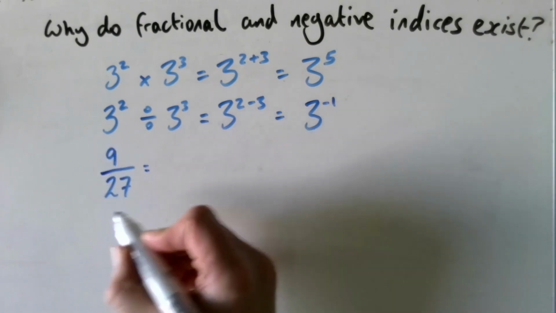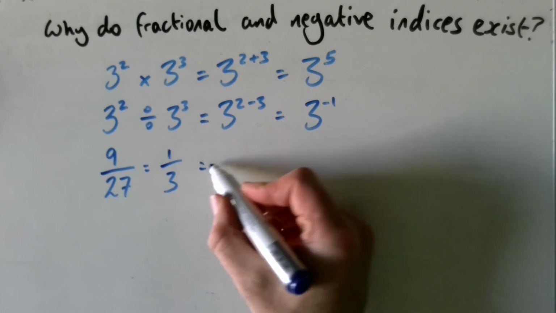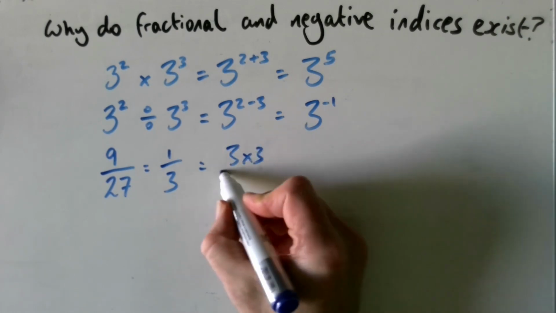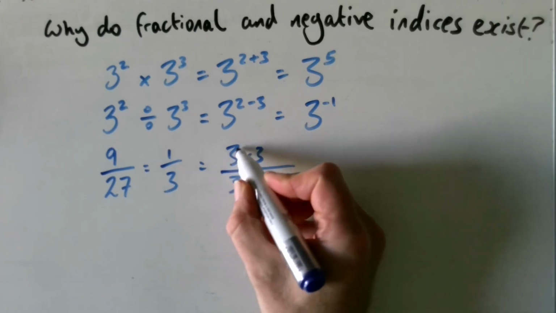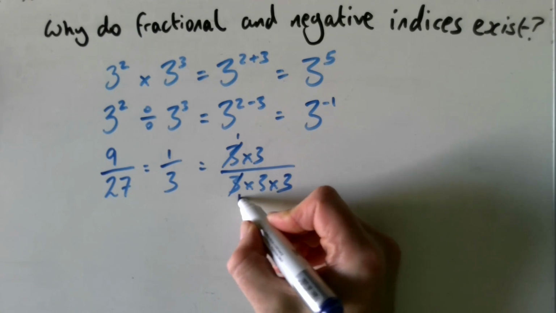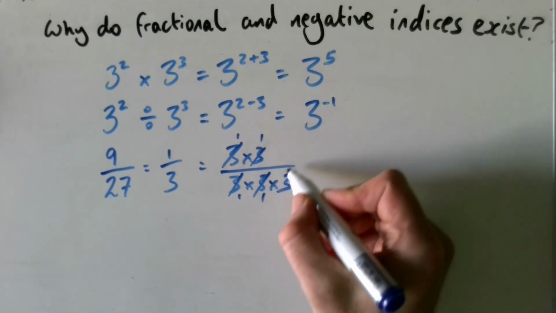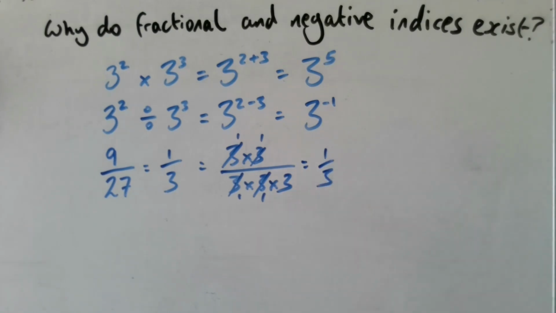And if I simplify that, I would get 1/3. I could have written it as 3 times 3 over 3 times 3 times 3, and I could cancel, divide top and bottom by 3, divide top and bottom by 3, and that would have left me with 1/3 that way.